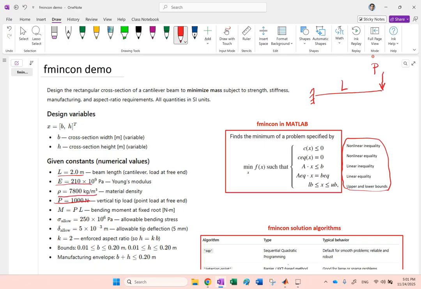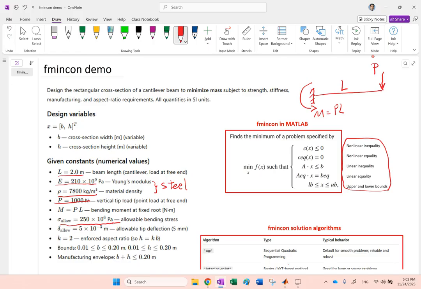The material is kind of like steel. It has a 210 gigapascal Young's modulus and 7,800 kilograms per cubic meter density. So these two are roughly steel. And then the bending moment at the end is, of course, going to be M equals P times L. Then the allowable bending stress in the steel is 250 times 10 to the 6, or 250 megapascal.